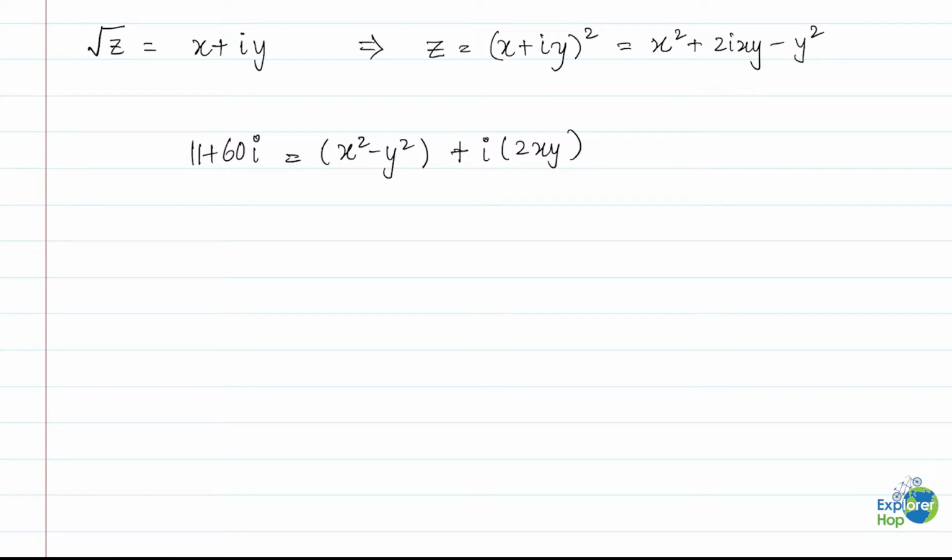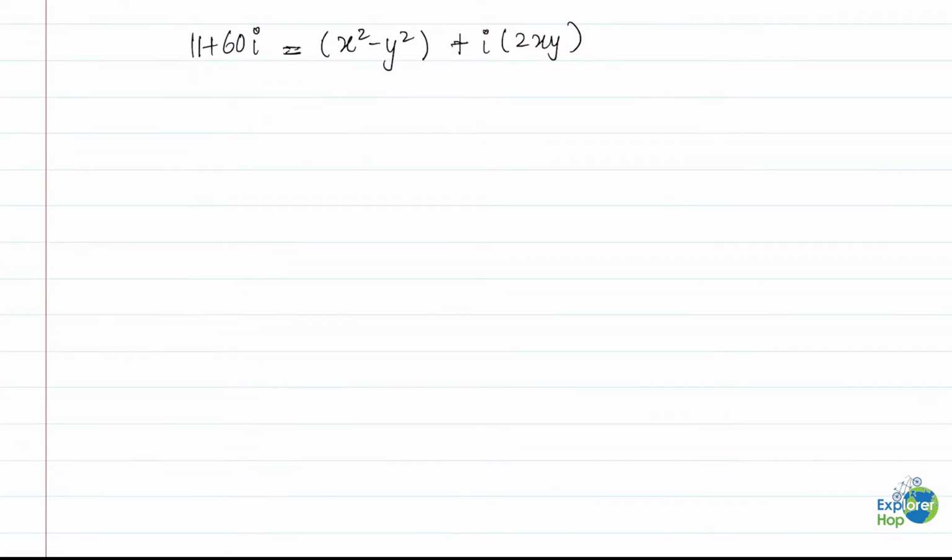Now, for both of these complex numbers to be equal, the real part and the imaginary part should be equal to each other. So x squared minus y squared should be equal to 11, and similarly, the imaginary part 2xy should be equal to 60.